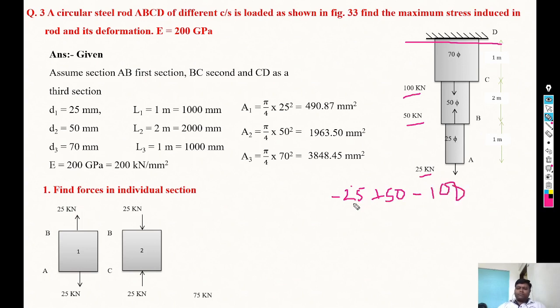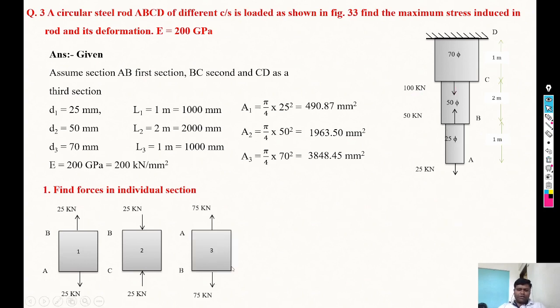So it is minus 75 kilonewton, which means it is downward. So at point C, for the CD section, the force is downward. So at point A, the 75 kilonewton is upward.